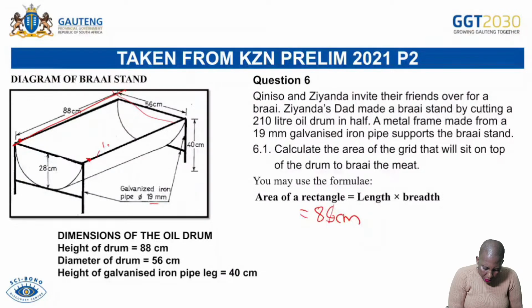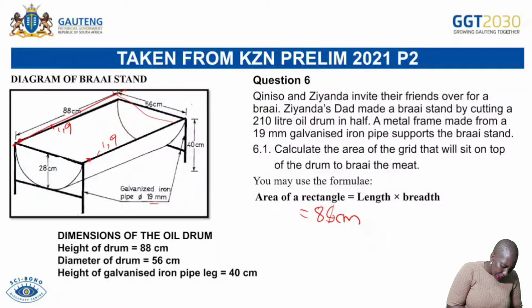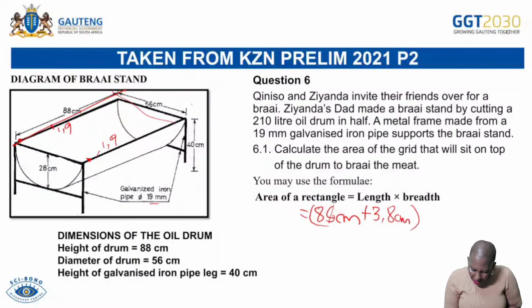This part will be 1,9. And then also this side, it will be 1,9. So that means the length will be extended by what? It will be 1,9 multiplied by 2. The length will be extended by 3,8. So meaning we have to add 3,8 centimeters. That is the length.